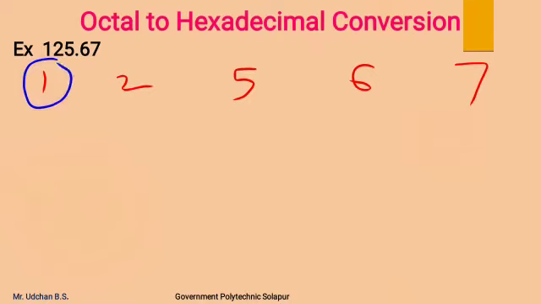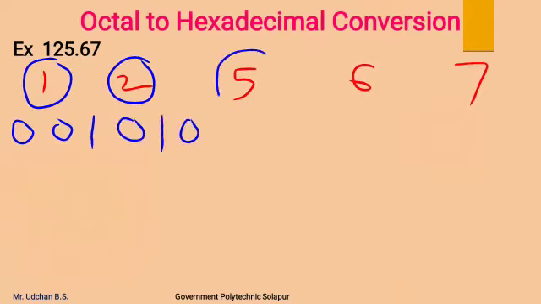For 1, the 3-bit equivalent binary number will be 0, 0, 1. For 2, the 3-bit equivalent binary number will be 0, 1, 0. For 5, the 3-bit equivalent binary number will be 1, 0, 1.